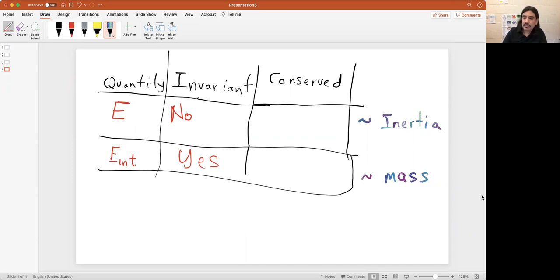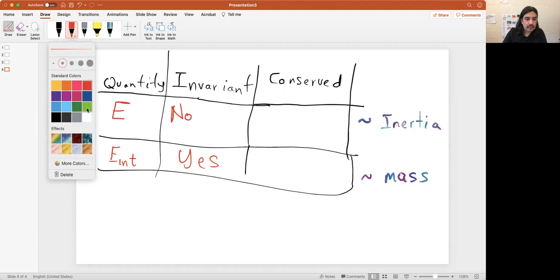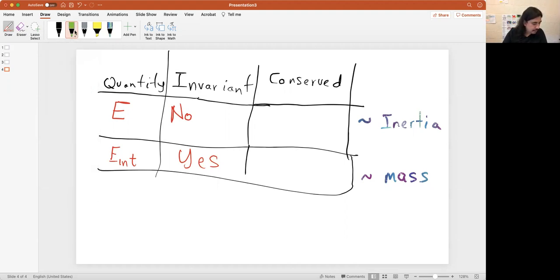That's the question up on the poll. All right, and the answers were more on the yes than on the no, and that's correct. Energy is conserved.